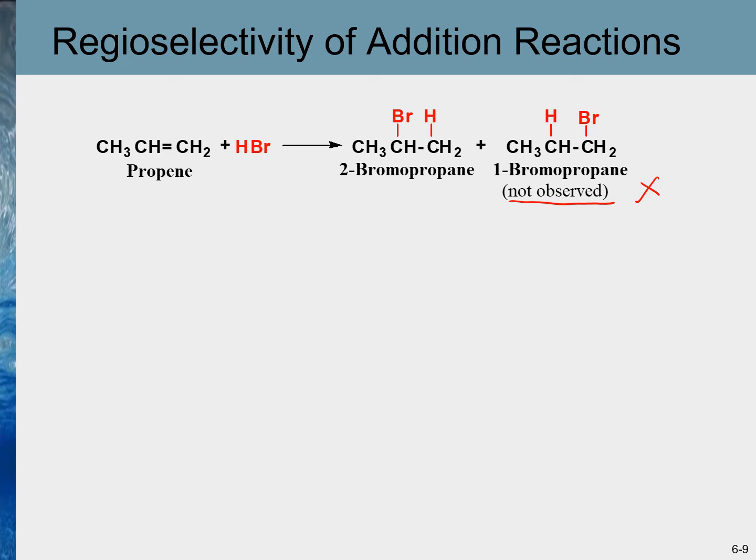So this is not the product which we obtain when we conduct this addition reaction. So let's understand why 1-bromopropane does not form. The answer to this question can be obtained from the mechanism of this reaction.